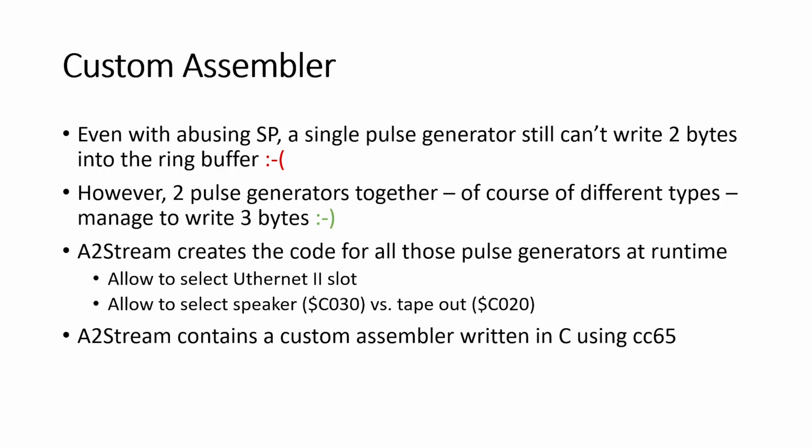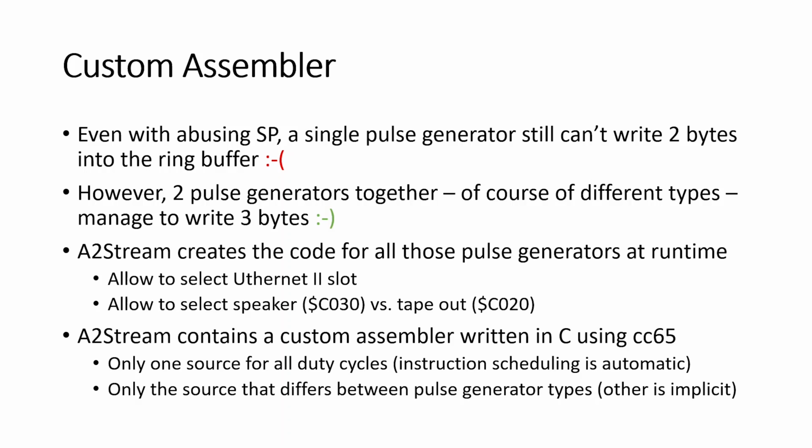To do all that, A2Stream contains what you could call a custom assembler, which is written in C using CC65. There's only one source for all the duty cycles, because the instruction scheduling is automatic within this assembler. And you only need to write down the source that differs between the different pulse generator types, because everything else is implicit.